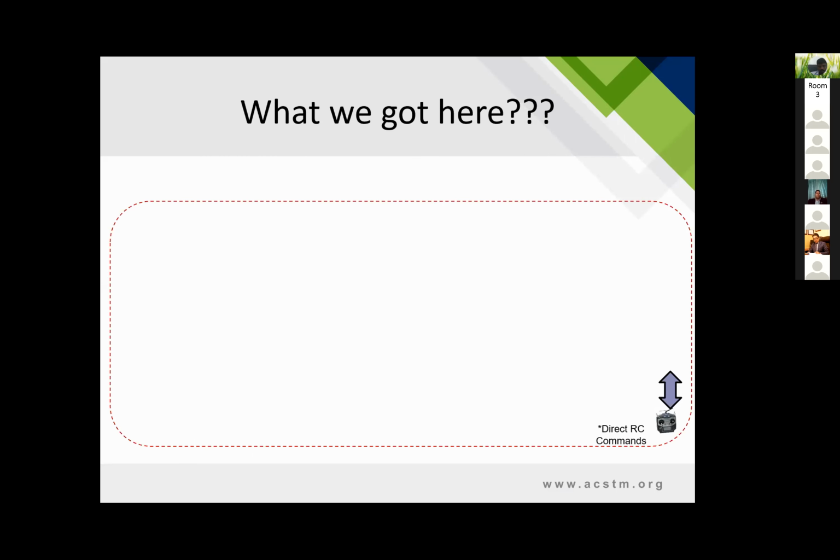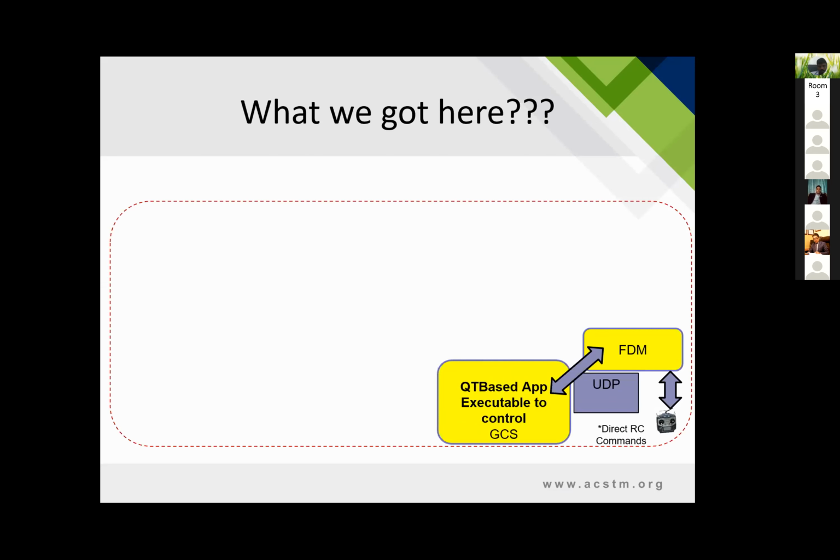First, we have a direct RC command coming from the remote controller, which goes through the FDM, and with a UDP protocol, it goes to a system where it is communicated. It is communicated with a Qt based app, which is an executable control, working on a Linux operating system.